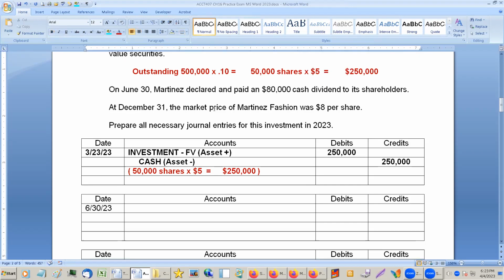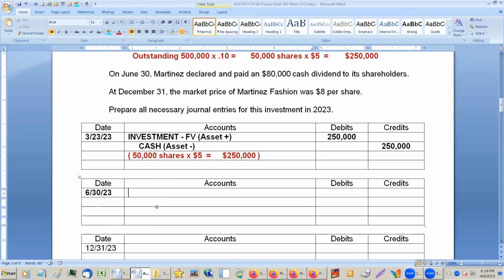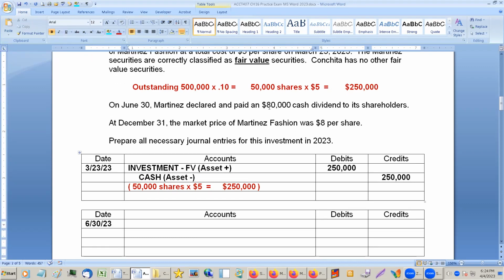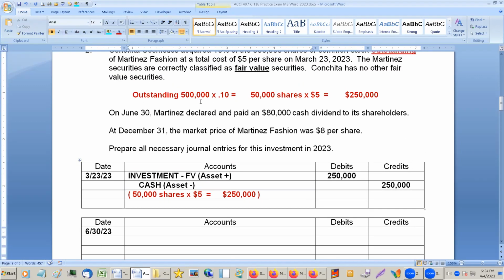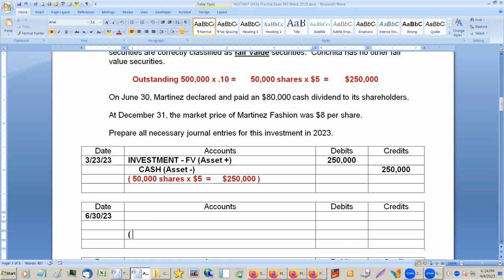And June 8th, Martinez declared and paid 80,000 cash dividends to his shareholders. Okay, so we get 10%, thousand.